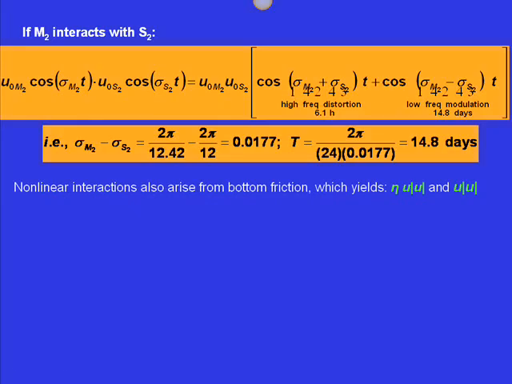These nonlinear interactions arise from the u du/dx, v du/dy, w du/dz terms, which are all nonlinear advective terms. But they also arise from bottom friction. The bottom friction term yields two mechanisms to produce overtides and compound tides, which is the product of the surface elevation times u squared, and the u squared. This comes from the bottom friction term in the momentum equation.